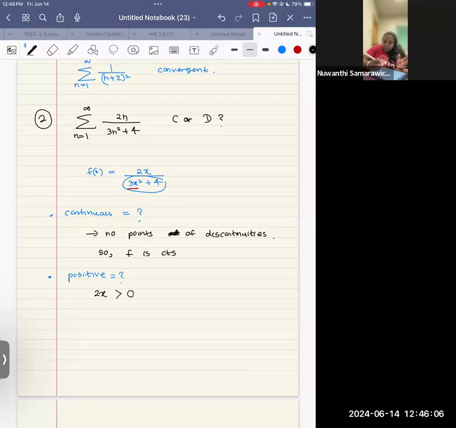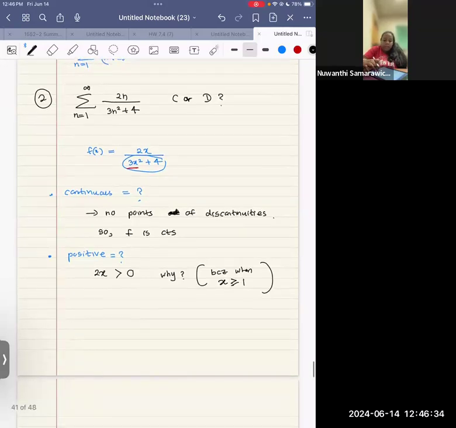This is also always positive, because we consider only when x is greater than or equal to 1. That is the only part we consider. So this is a positive function.